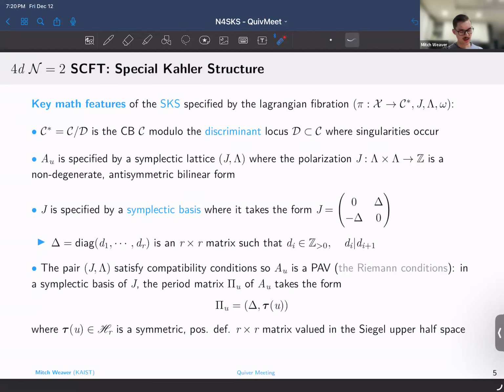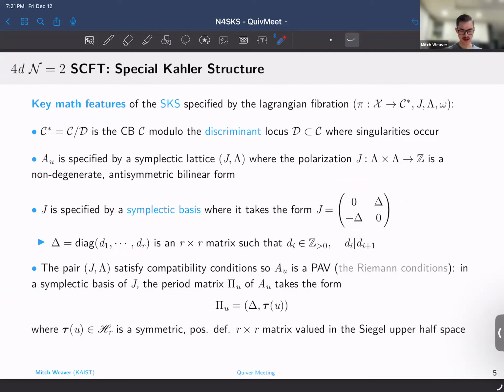And the polarization is specified by J here, in a symplectic basis, where we can assume that it takes the following canonical form, where on the off diagonals we have these r by r matrices, which are diagonal, and they're comprised of these integers d_i, where each successive d_i divides the one before it.